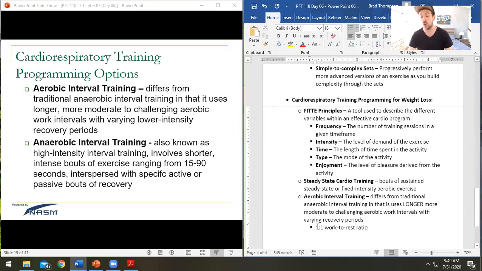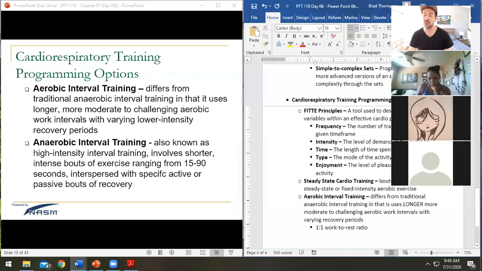But because you're only doing a 1-to-1 work to rest ratio, like 1 minute on, 1 minute off, you're working intensely in that 1 minute and you're not really taking that much recovery. So it ends up resulting in you being pretty much aerobic the entire time. You're working a lot of type 1 fibers here. And you're going to lose intensity overall.